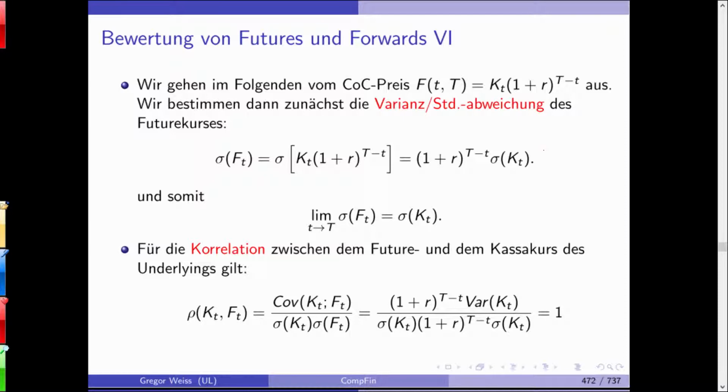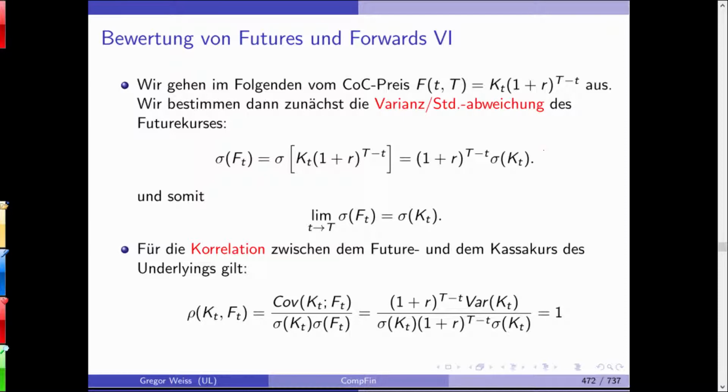Next, let's look at the correlation between the future and the spot price. No big surprise here, the correlation is 1. Which is obvious from the fact that if the spot price increased by €1, the future price will increase by €1. So we have a correlation of 1, and this shows you that this is a perfect hedging instrument.